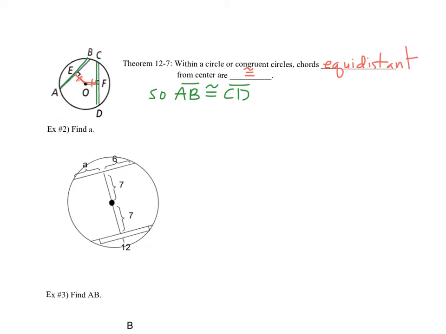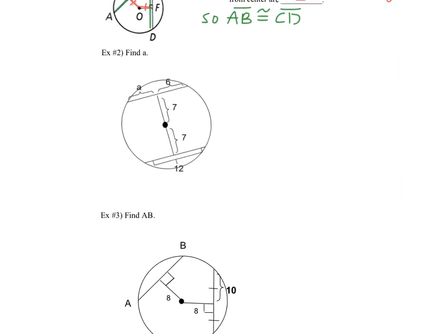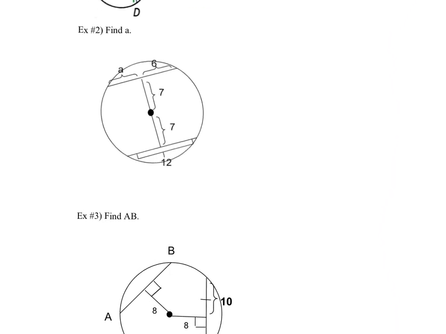Okay, so if they're the same distance away, if we look here and we're trying to find A, we're trying to find this length, what we need to look at is the fact that these two have the same length. Technically they would have given you that this is a right angle too, sorry.